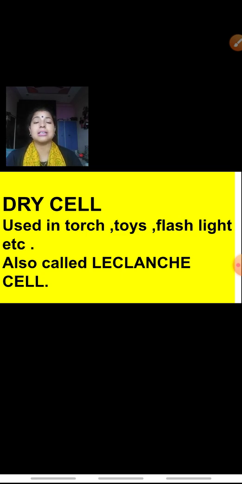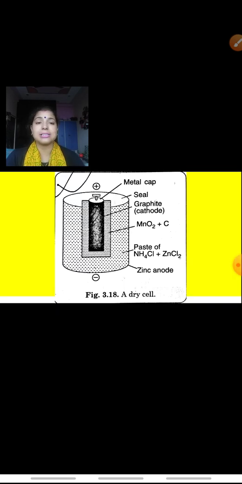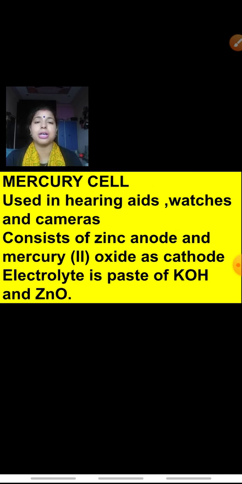Now dry cell is called a Leclanche cell. Mercury cell is called a button cell. Dry cell, the diagram I have already explained, zinc anode, carbon cathode. Whereas in case of mercury cell, the anode is again zinc, but the cathode is mercuric oxide, which is acting as the cathode.